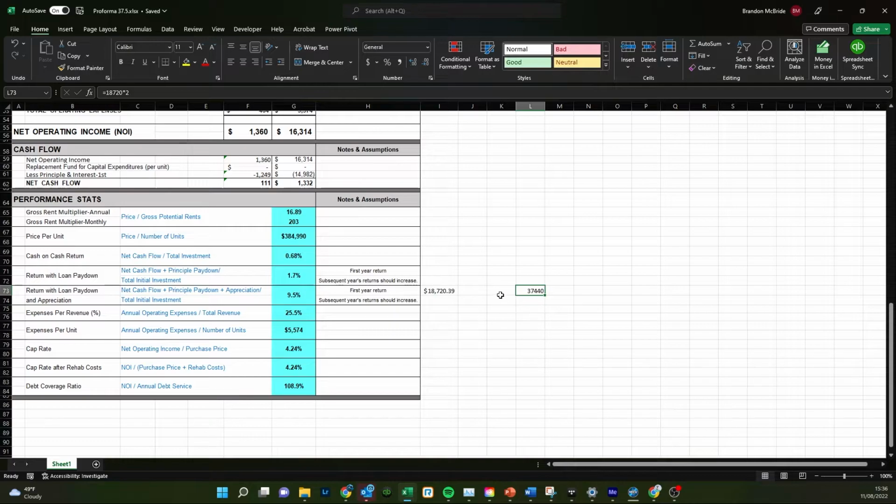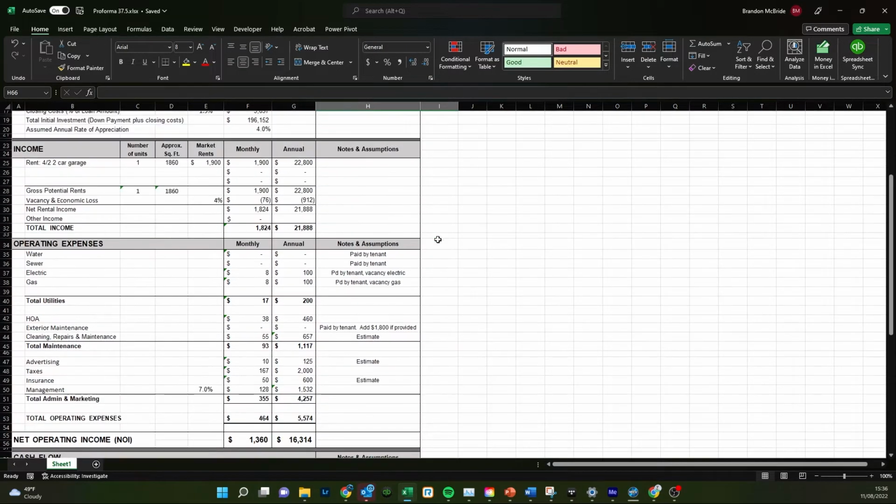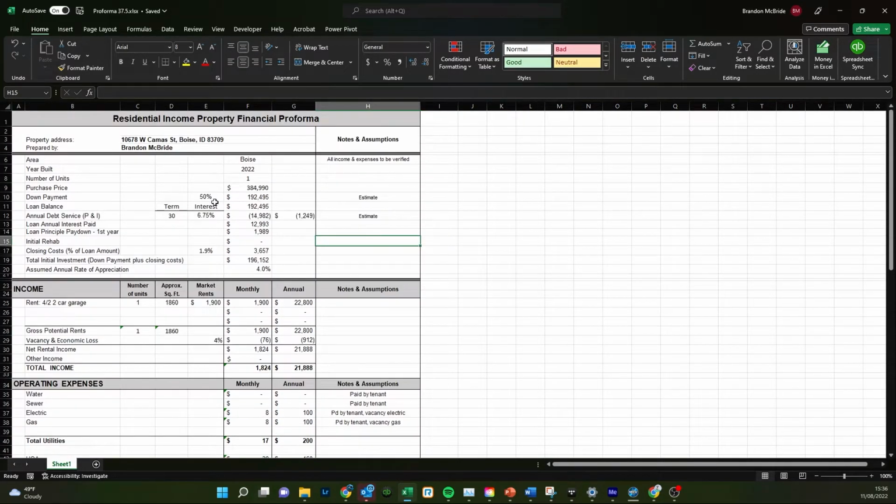And the bigger advantage too, or a different way to illustrate it, I guess, would be, you can put 100% down, and now you are getting 4% appreciation on the purchase price, which is the exact amount of money you put down on the property.